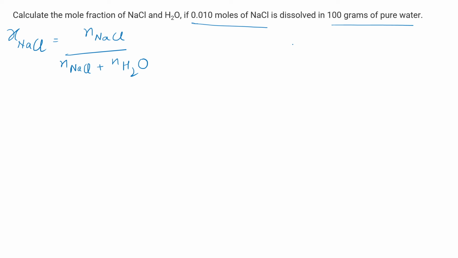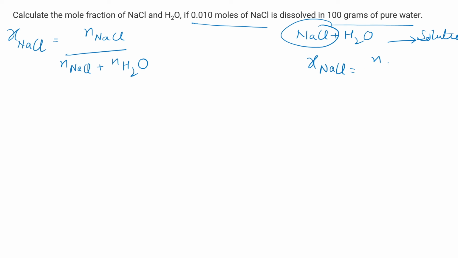Since it is a two component system, NaCl plus H2O forming a solution, to calculate the mole fraction for NaCl, you need the number of moles of NaCl divided by the total number of moles of NaCl plus number of moles of H2O. So, what are the number of moles of H2O?